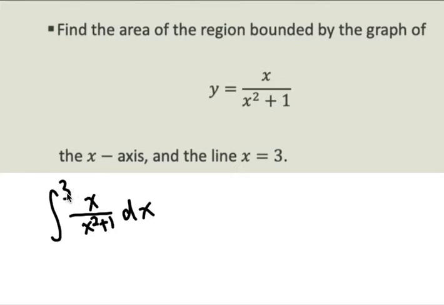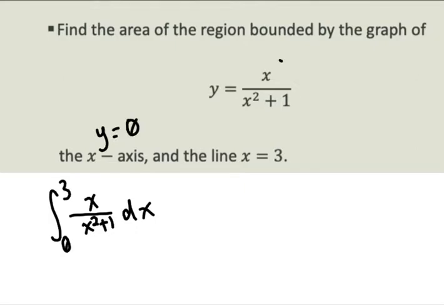Now, if we're talking about the x-axis, what do we know about when we're dealing with the x-axis? What is 0? Always? In this case, it is 0. But being that this is the x-axis, that tells us that y equals 0.